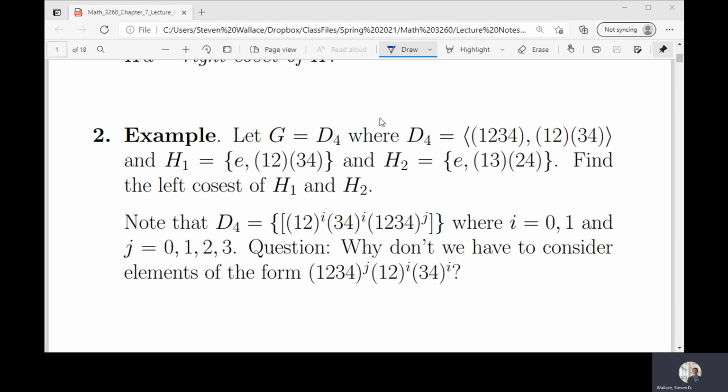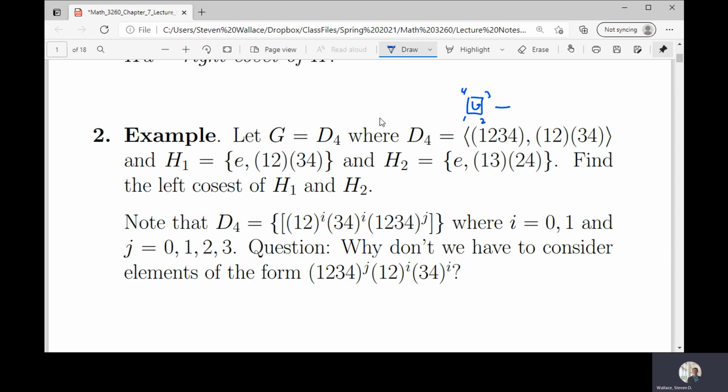This isn't totally right because I don't have relations here, but we know that D4 can be thought of as a subset of the symmetric group S4, generated by a permutation that takes all of the vertices of a square and permutes them by going 90 degrees that way.